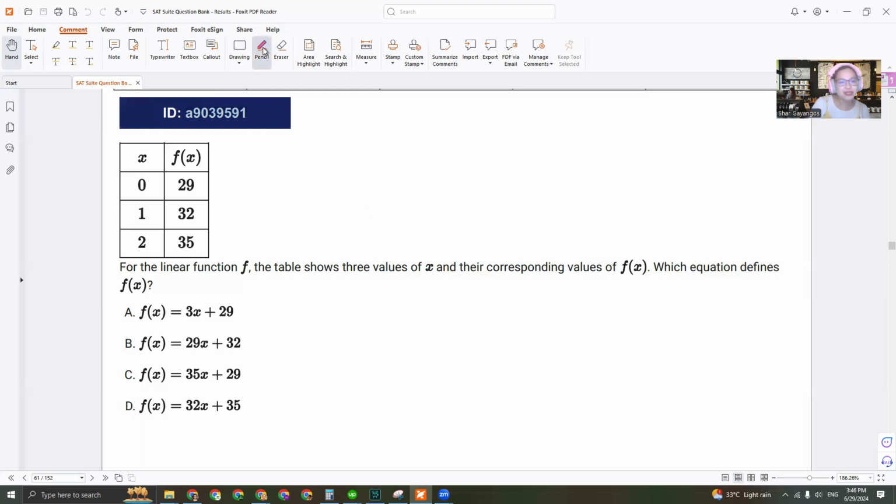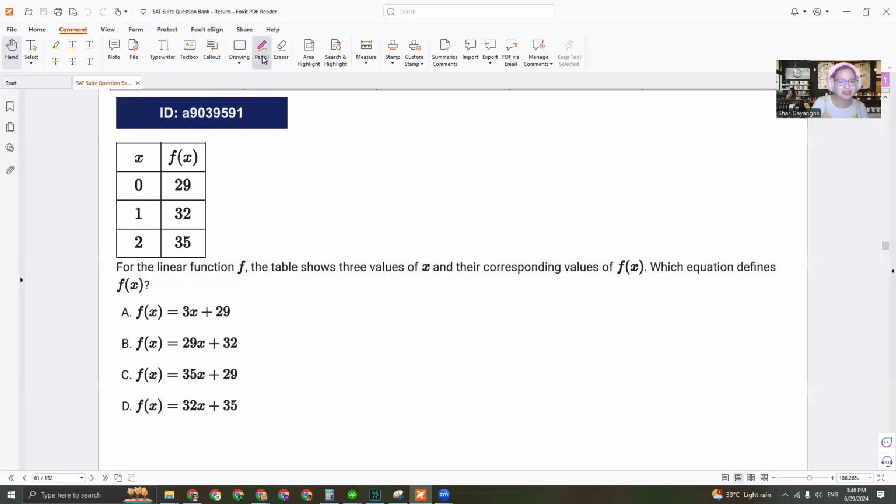All right, so again, let's continue. We have this linear function. What's one thing immediately that you can identify in this table? If you've been watching the previous videos, you know how much I've highlighted this. This is the y-intercept, correct?